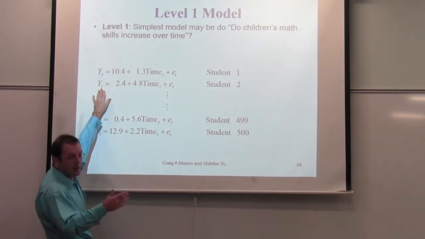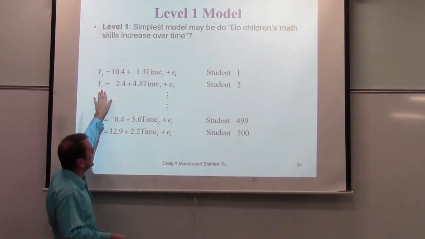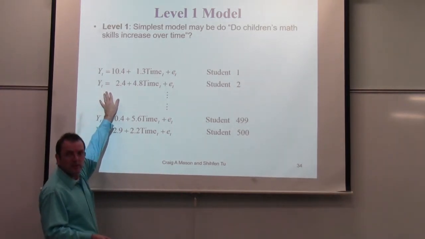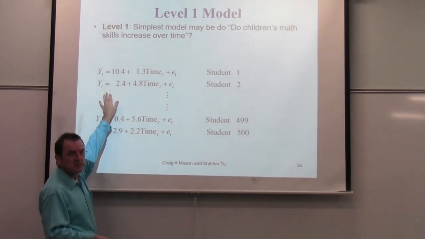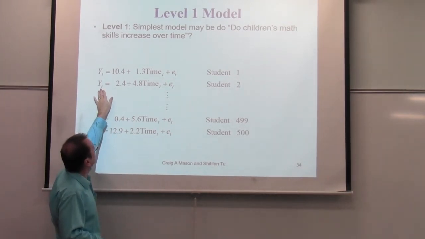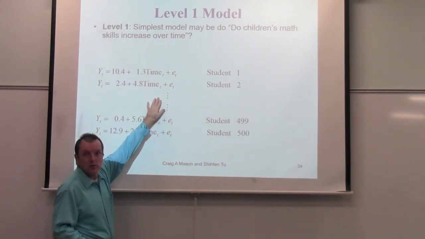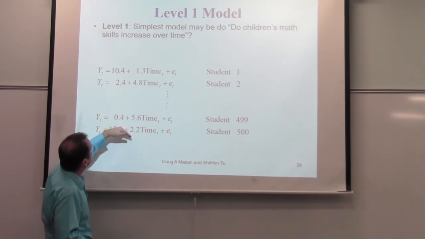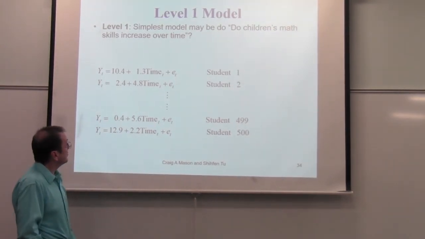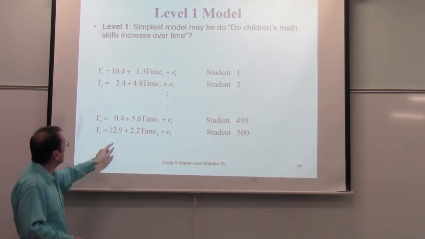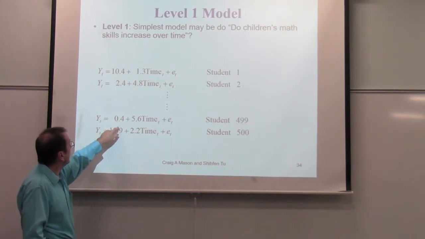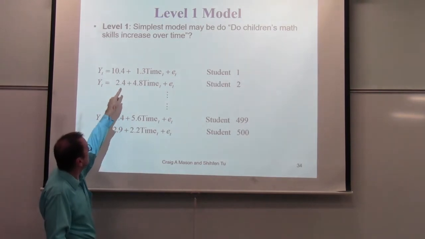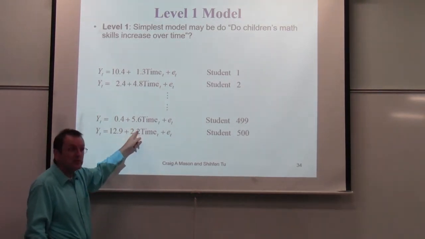Their score over the six assessments, for student 2, and so on. You can notice in the regression equations there's a lot of variability. Here's an intercept of only 0.4, here's an intercept of 12. Same with the slope: here's a slope of 1.3, here's a slope of 5.6.